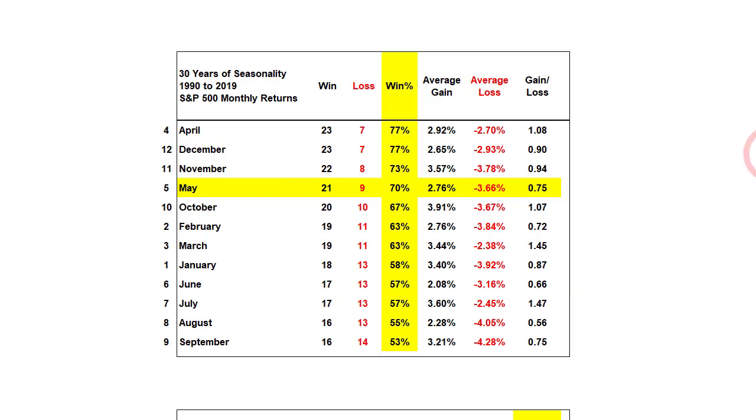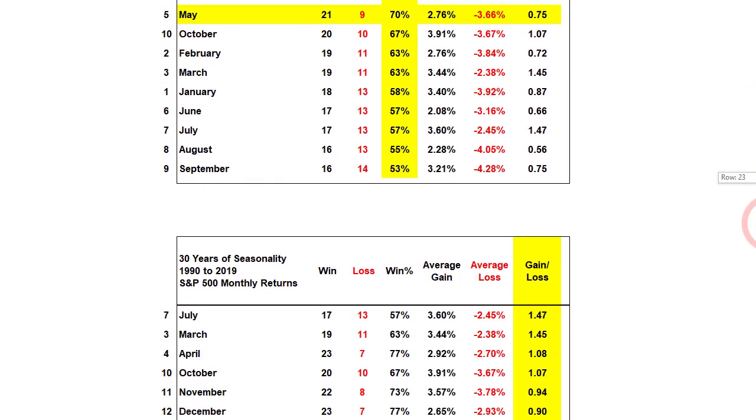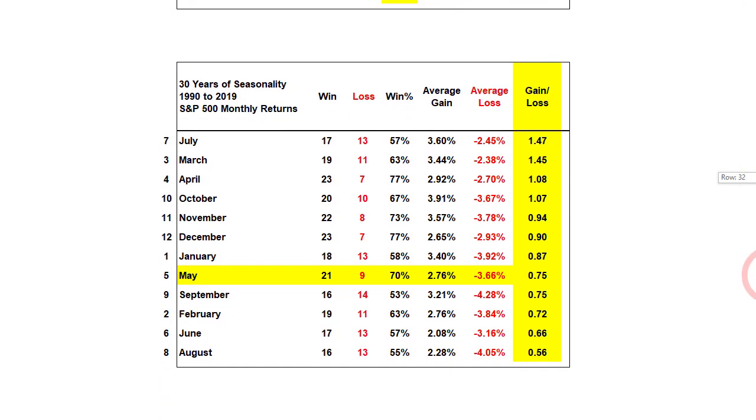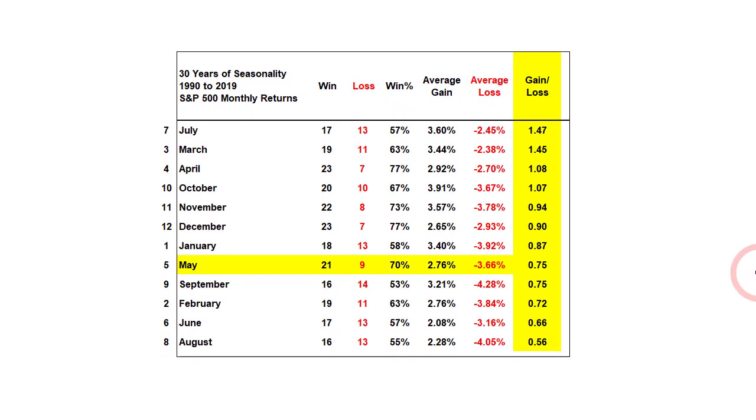So we got May here right now. Now I'm going to go down and look at this different sort here. Now I'm sorting by the average gain, average loss ratio here. And we can see that July has a big positive ratio. March, April has one of the higher ratios. So April has a high win percent and a high ratio.